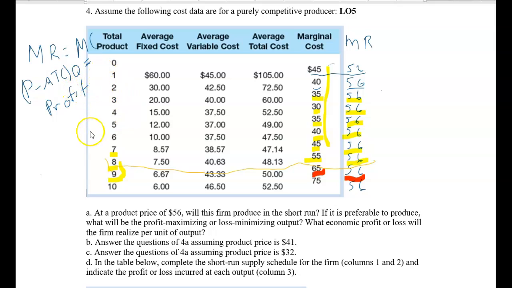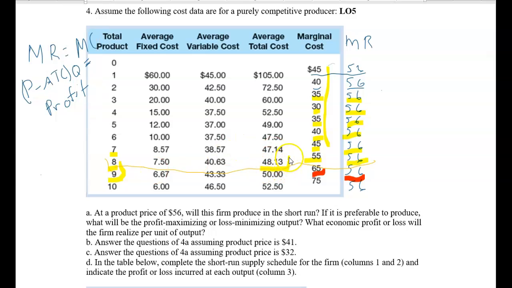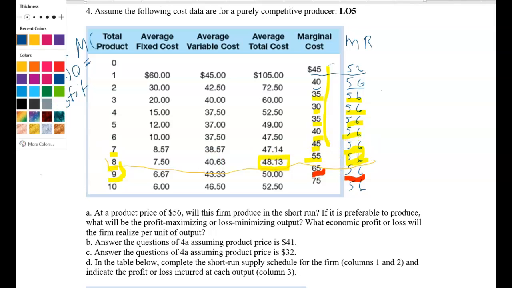Okay, so now when we produce 8 units, what we need to do is take a look at 8 units, what is our average total cost? Well, at 8 units, our average total cost is $48.13. And our price is $56. So we're going to do price minus average total cost.